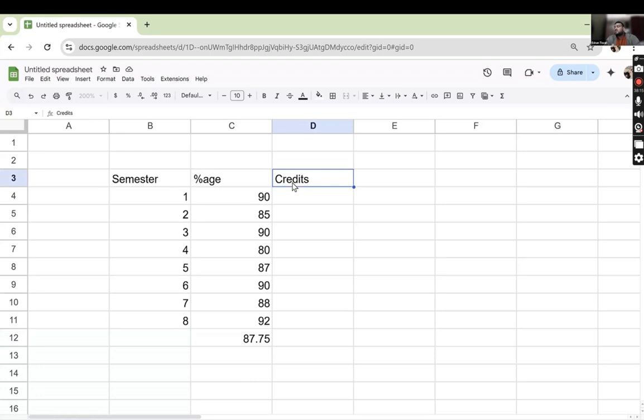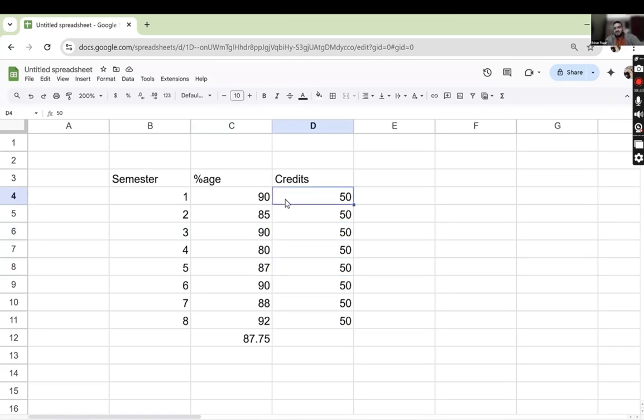Because we have one more thing called credits, which means how many credits each subject has taken. So if let's say each subject has a credit like 50, then I would have calculated every subject has equal weightage. Whatever percentage I am getting, in each semester I am having an equal credit of 50, 50, 50, 50. So this is all equal, right? But now reality was different.